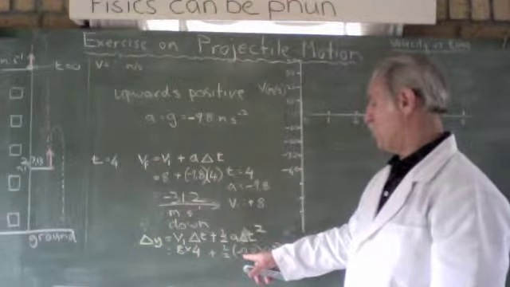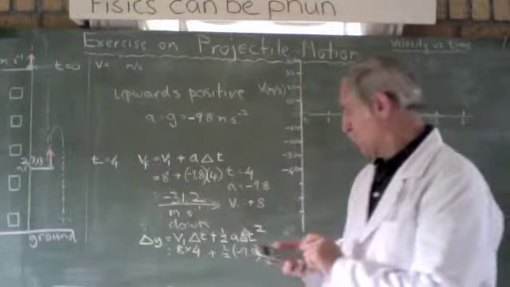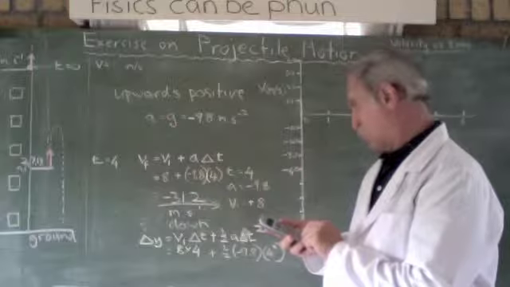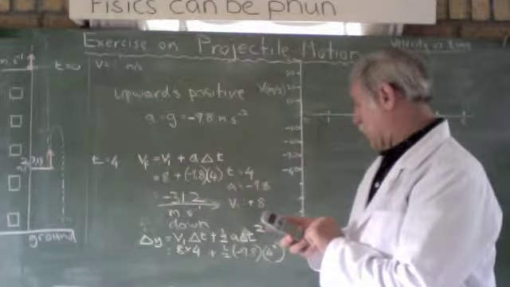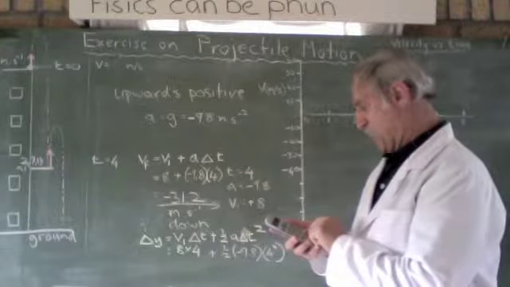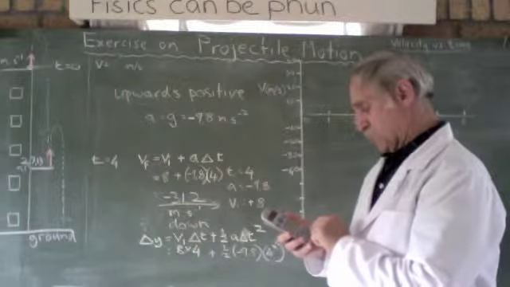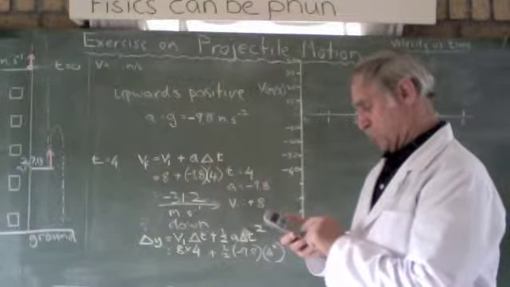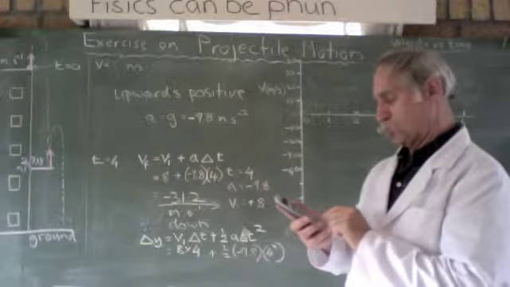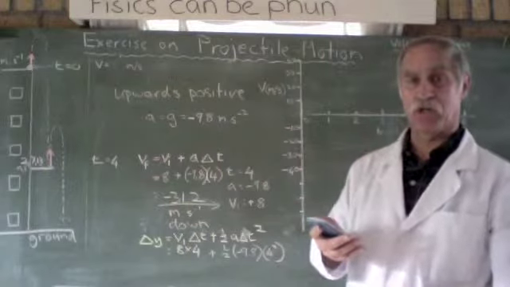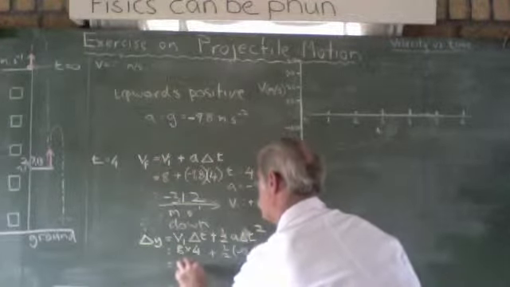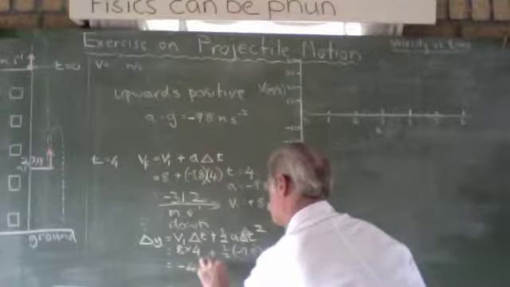So we have 8 times 4 plus 0.5 times minus 9.8 times 4 times 4, which gives minus 46.4 meters.